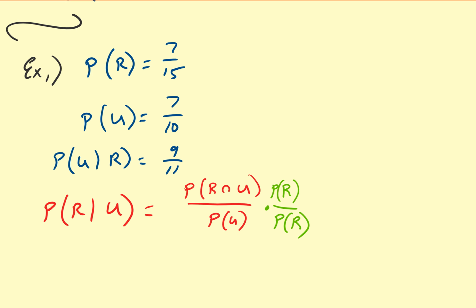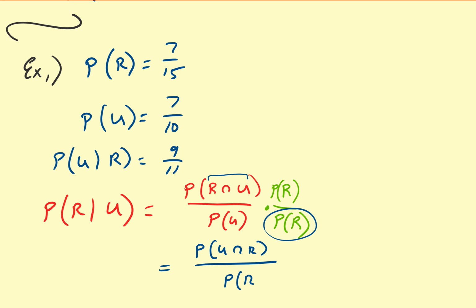So let's do some work here, and from here, let us rearrange. I'm going to rewrite this in a slightly different way. I'm going to call this the probability of U and R, because they are actually the same, divided by, and I'm going to take this probability of R and put it there.